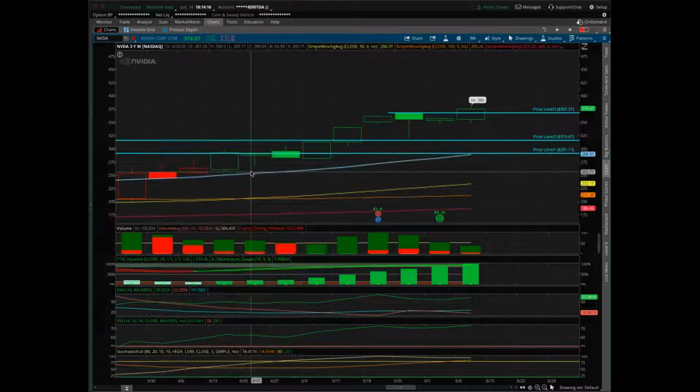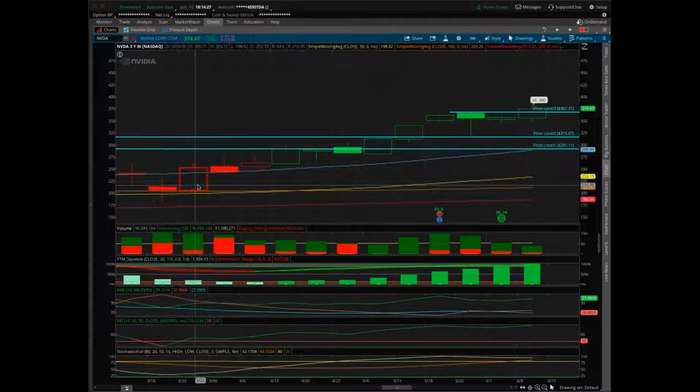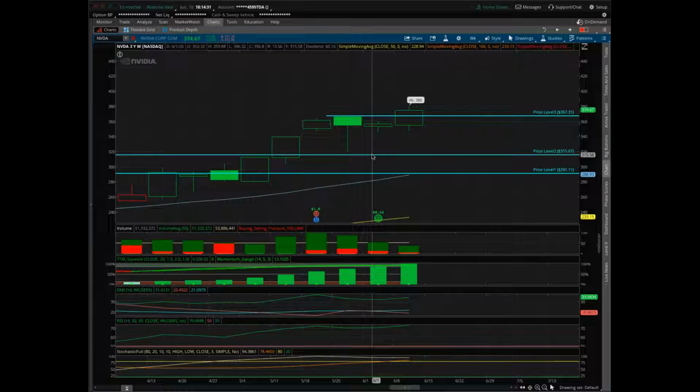So the low of this trend is actually here, all the way down here, because all these are higher lows. So this is the lower high, and today has broken out of the trend.